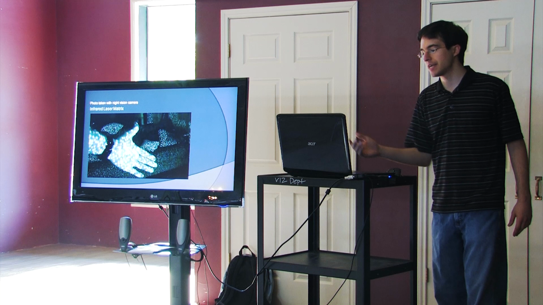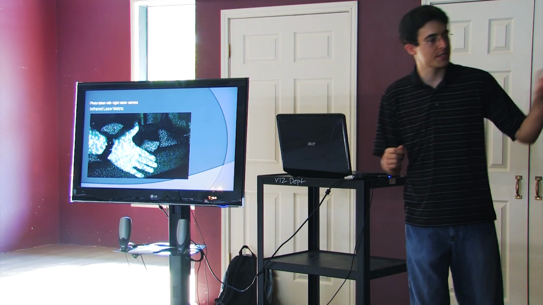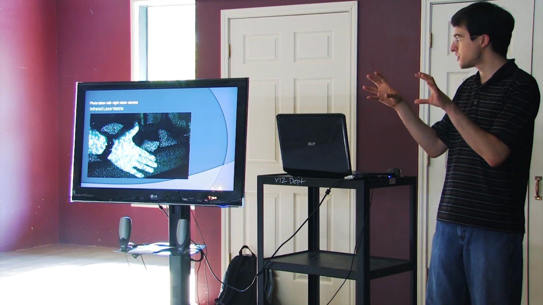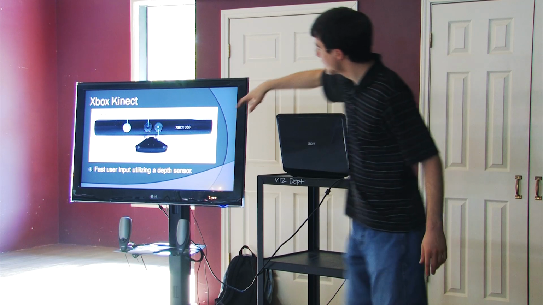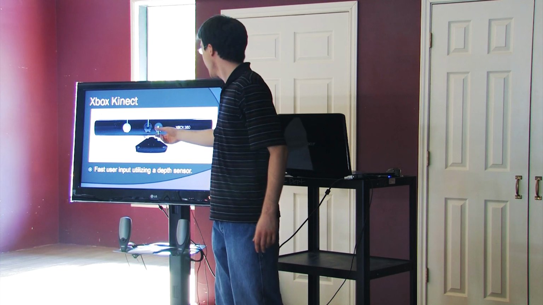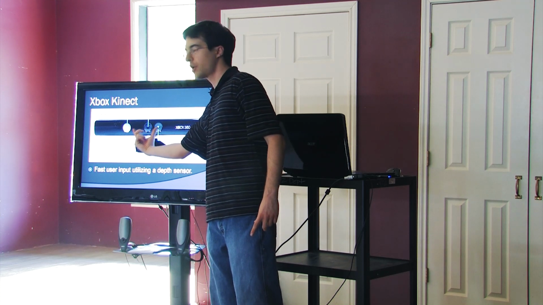And you can see there's this guy's hand, and it's got all these little dots on it. And that's because the projector on the camera emits this matrix of dots. And between the projector and the sensor, there's a separation that's fixed at all points.